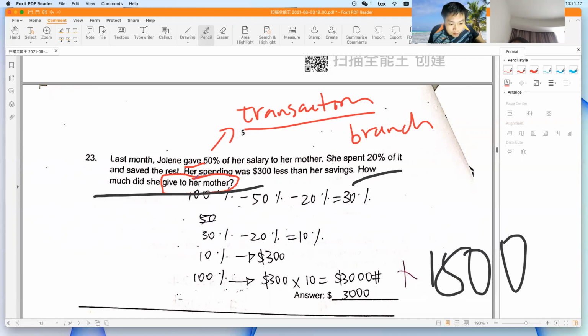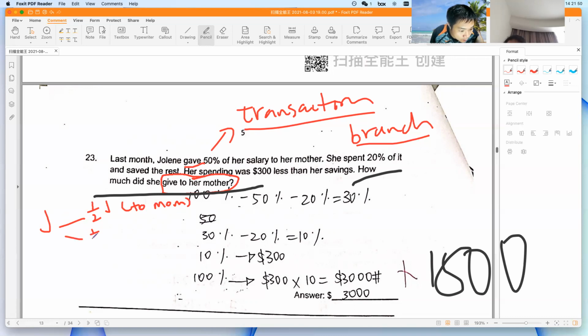Let me use the branch method, and I can see whether 1500 is the answer. So she gave 50% of her salary to her mother. So J, give 50%. 50% is half. So you need to be very good with this conversion between percentage to fraction and then fraction to decimal. So half of J to mother.